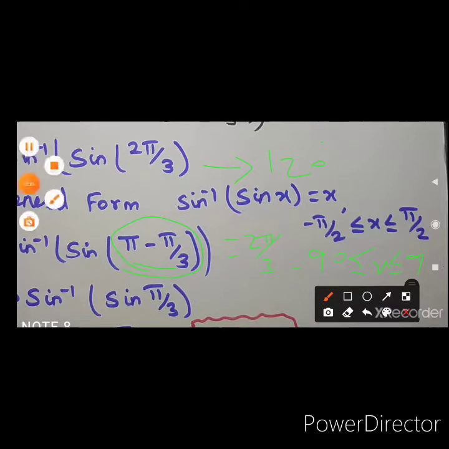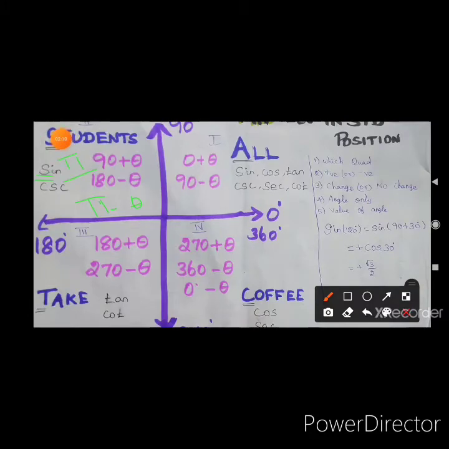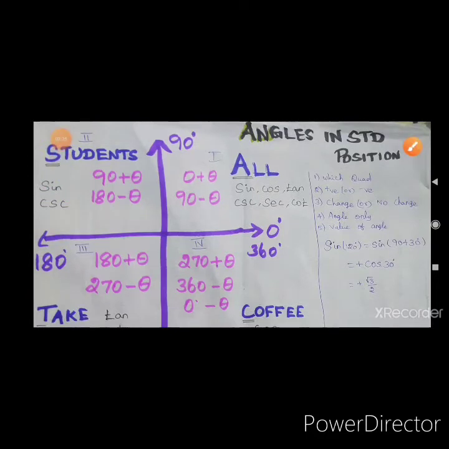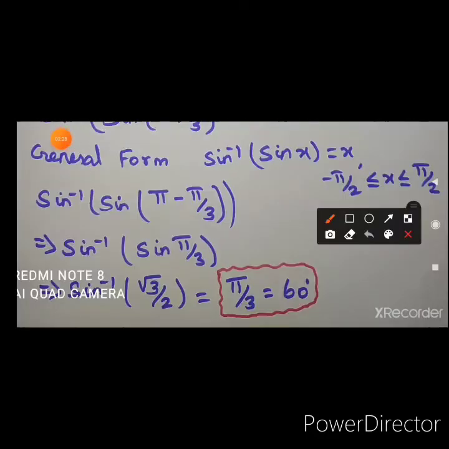We already know that pi minus theta is in the second quadrant, and in the second quadrant sine is positive. Pi means no change, sine remains sine, and theta is pi by 3.